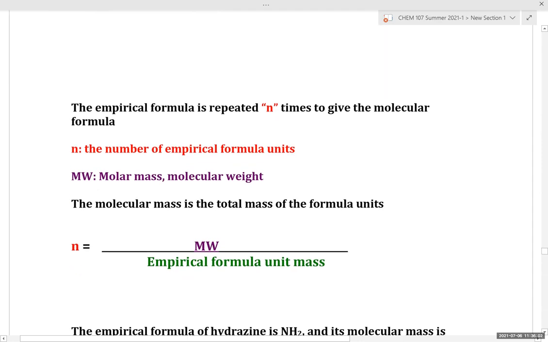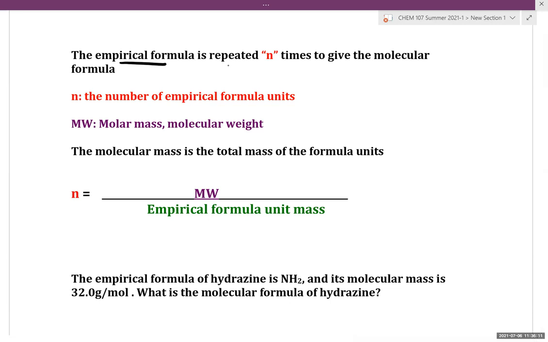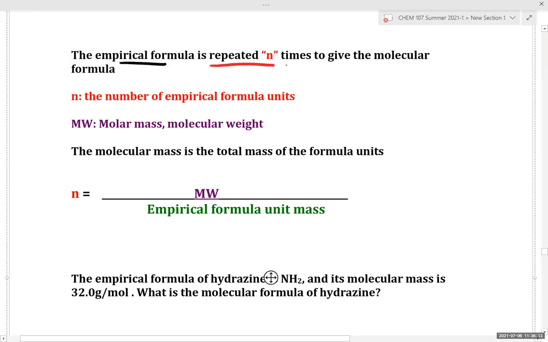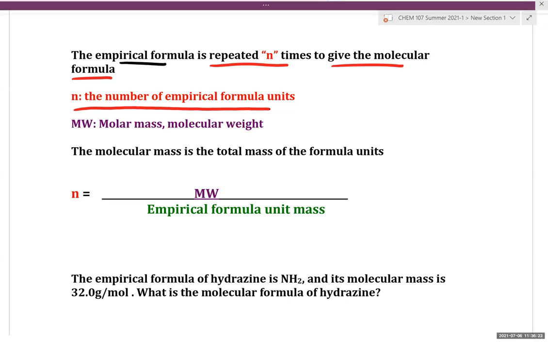Now, if we think a little bit about the empirical formula, you can think of it in this way. The empirical formula is repeated n times, where n is a whole number, to give the molecular formula. N can be thought of as the number of empirical formula units.